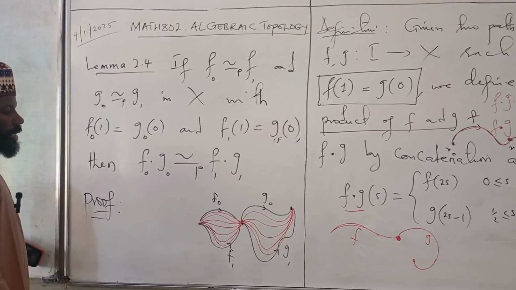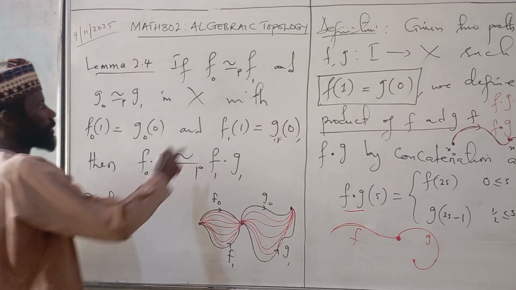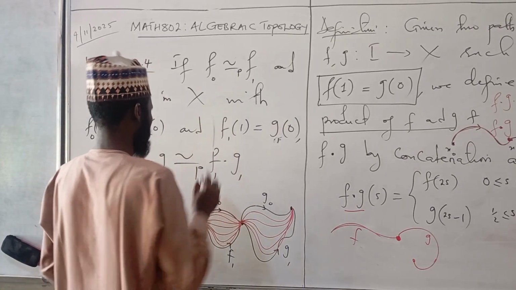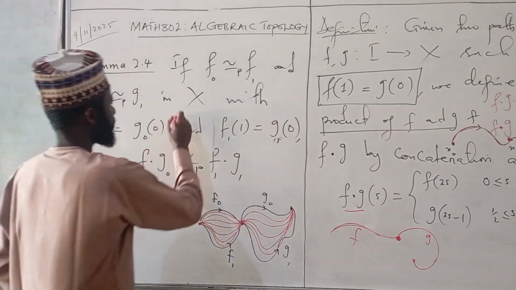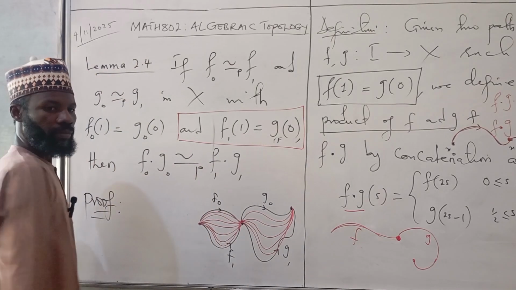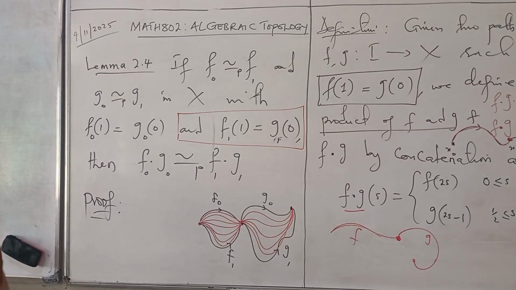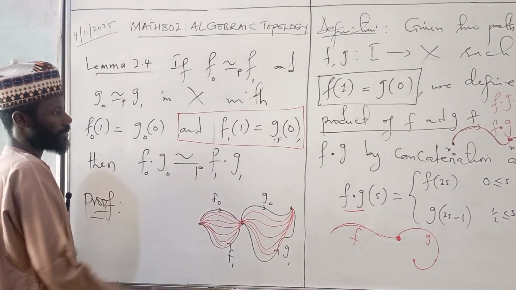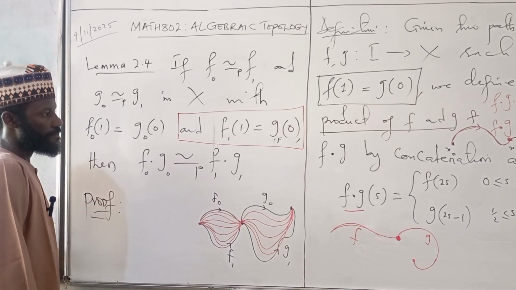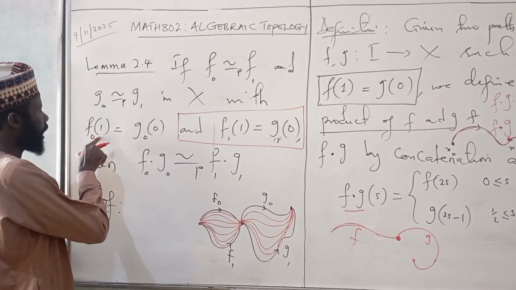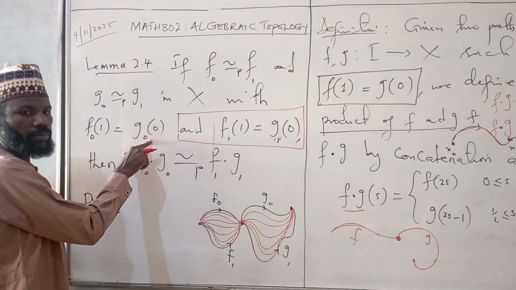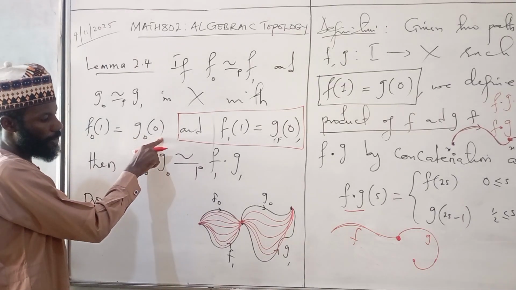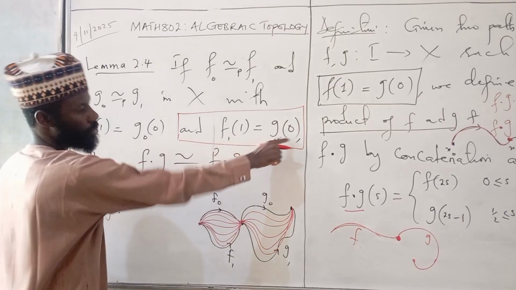I don't know whether it is clear to you that, because of the fact that there is a homotopy, this condition here is redundant, even without having to state it. Once f1 of 1 is equal to g0 of 0, then automatically this will also happen.